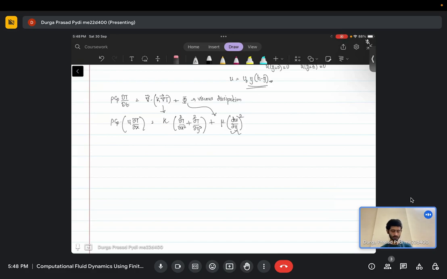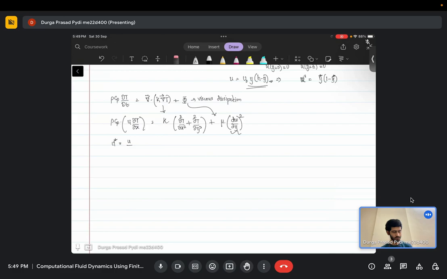What we do now is non-dimensionalize this. Suppose I define u star as u by u max, non-dimensionalizing it with some constant, which will give me u in terms of y star times (1 minus y star).